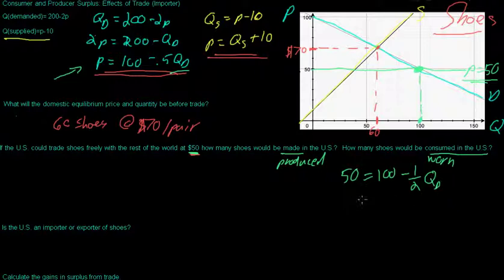Let's subtract 100 over, and we get negative 50 is equal to negative 1/2 Q sub D. Then dividing by negative 1/2, or multiplying by negative 2, negative 50 gives 100. So we get 100 is equal to quantity demanded.